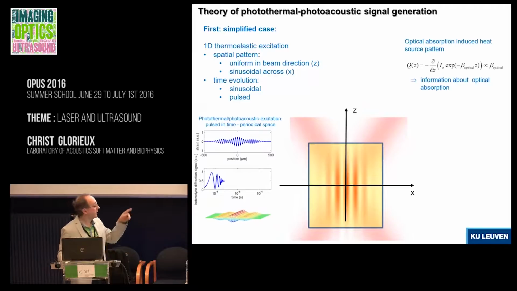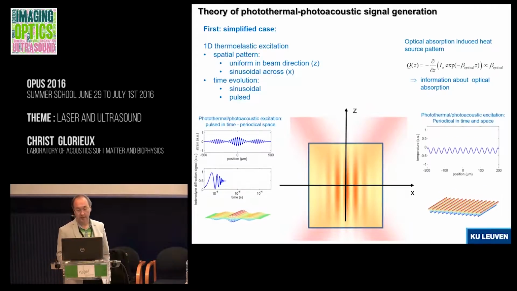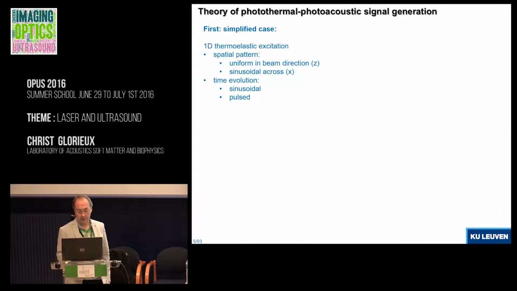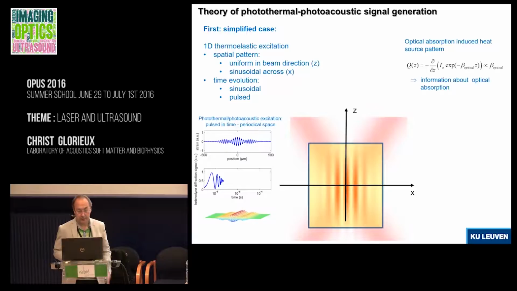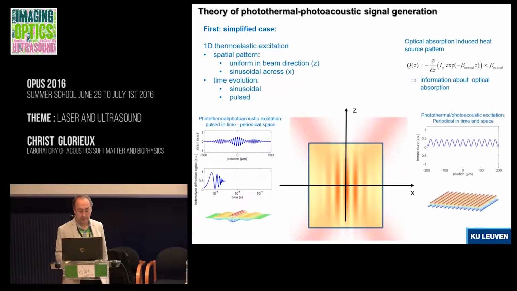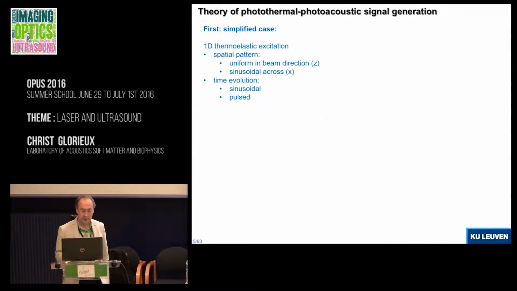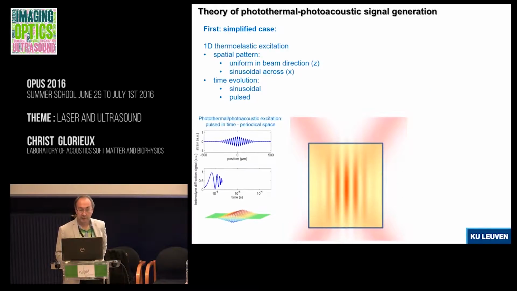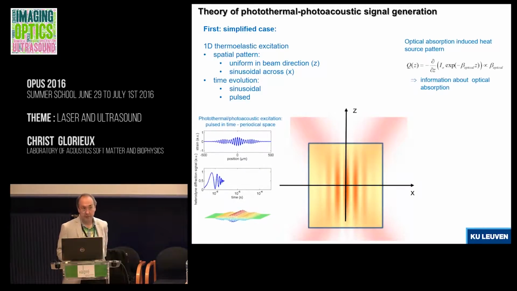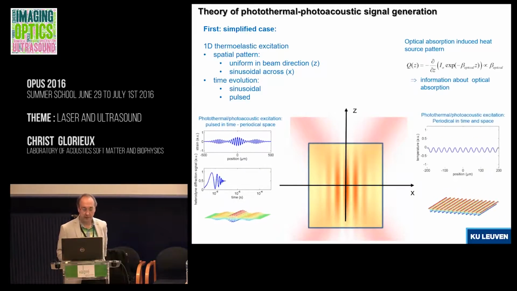Yeah? So as you can see there in the right movie, the heating pattern, and then the response of the sample, is sinusoidal in space, but it's also going up and down sinusoidally at the frequency of interest. Yeah. How do we do this in practice? How do we make this, so we can exploit this in practical experiments.